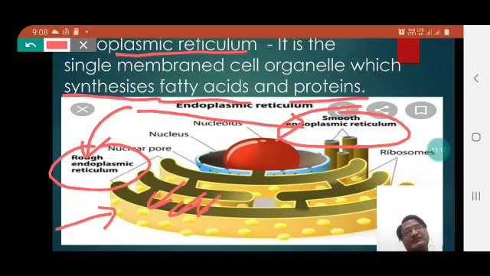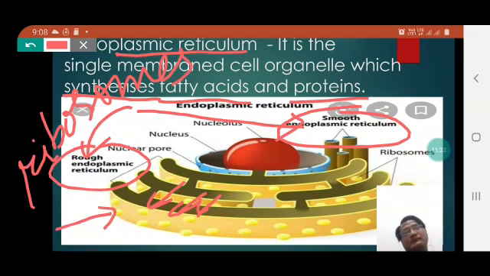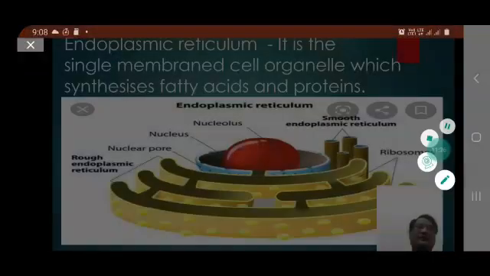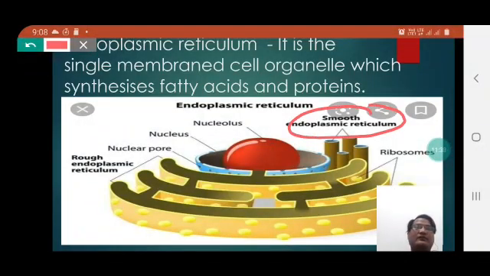These dot-like structures are the ribosomes. The endoplasmic reticulum which is associated with ribosomes is called the rough endoplasmic reticulum, whereas the endoplasmic reticulum which you can see here, which is not associated with the ribosome, is called smooth endoplasmic reticulum.